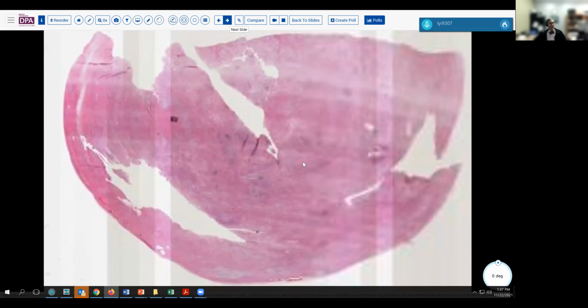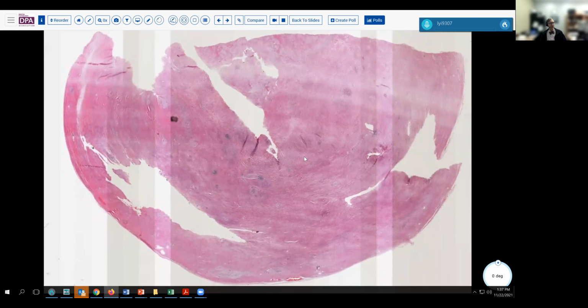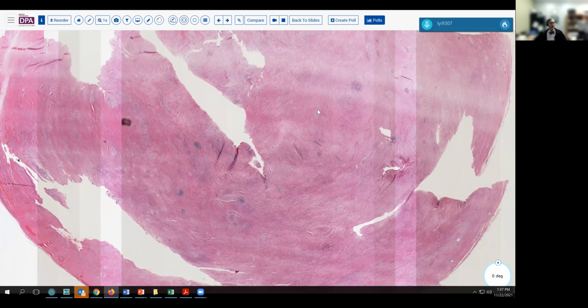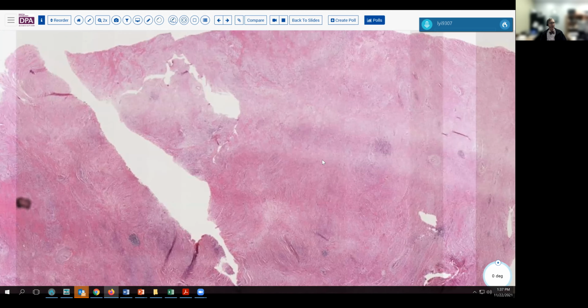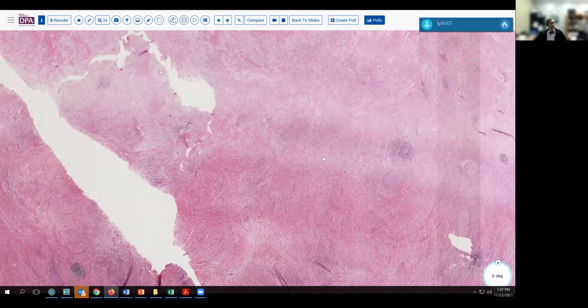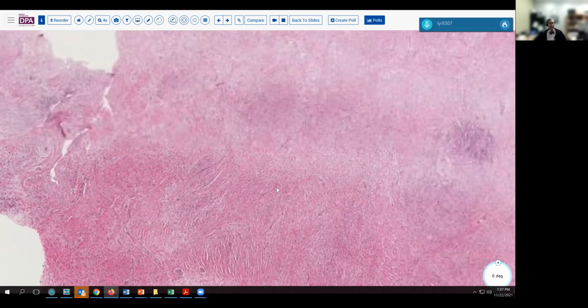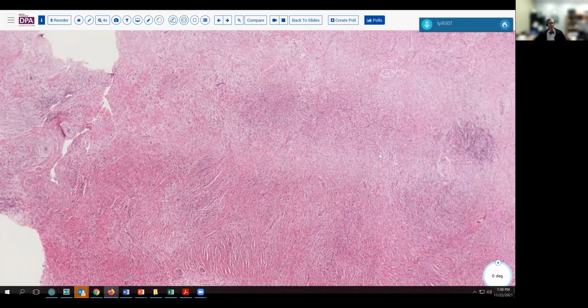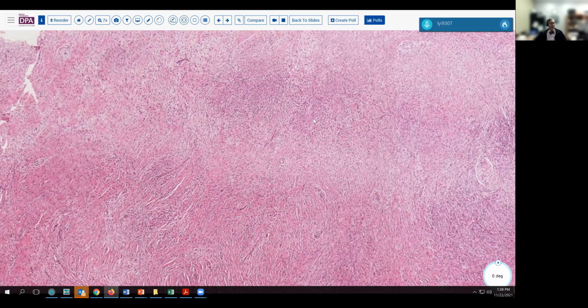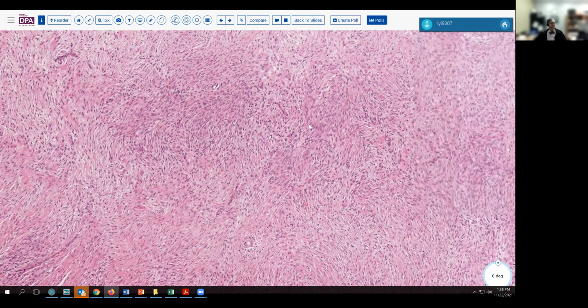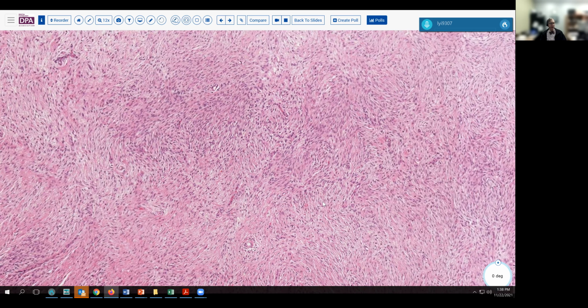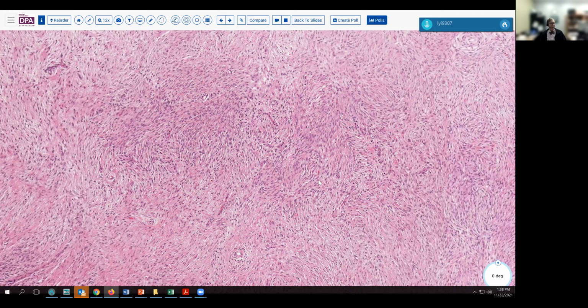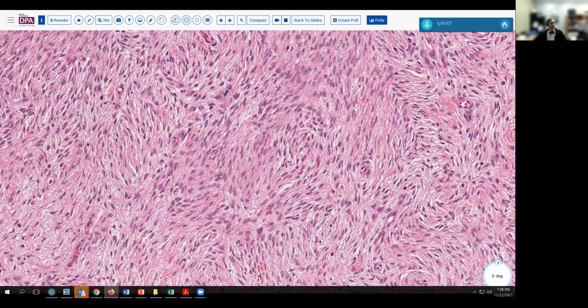Well, one of the things that's in the differential considerations for fibromatosis is this tumor, which, as you can see, again, has maybe a vaguely lobulated appearance, mostly pink, not very cellular. As you see, as we come into higher magnification, a few scattered inflammatory cells or cellular areas, a little bit more cellular than the fibromatosis that we just looked at, but a fairly bland appearing tumor, not a pleomorphic tumor, very low-grade nuclei, as you can see here.